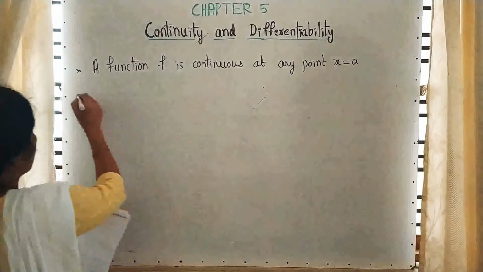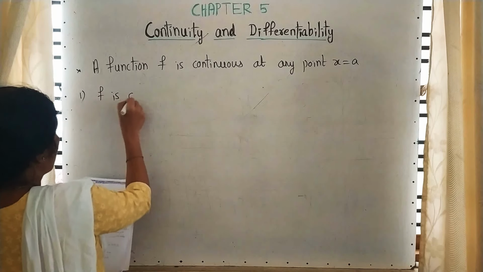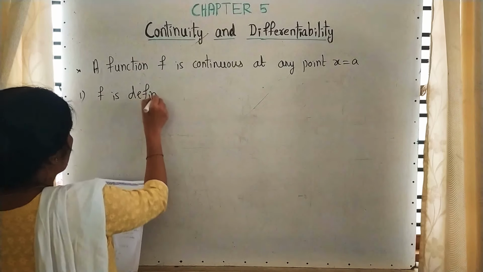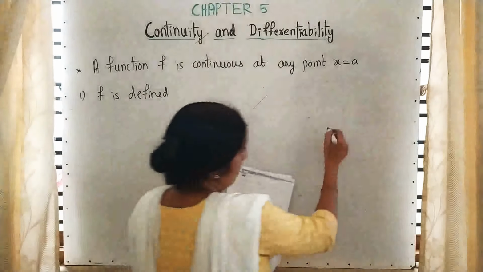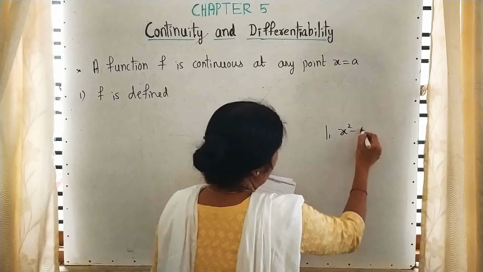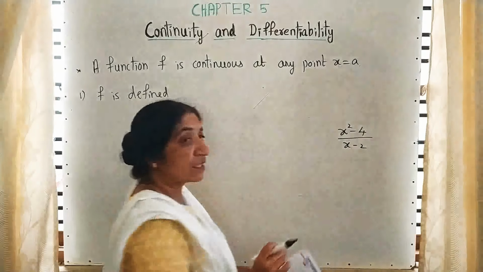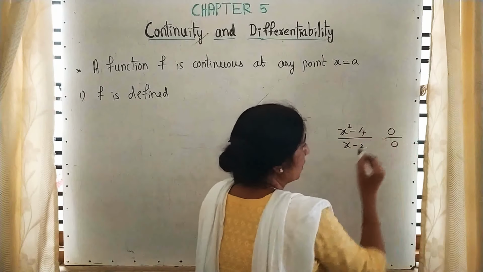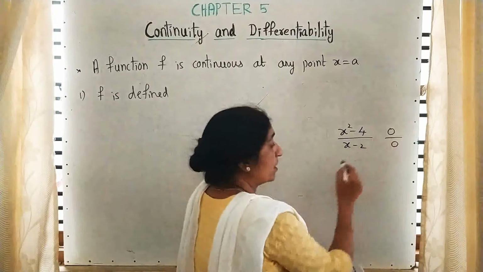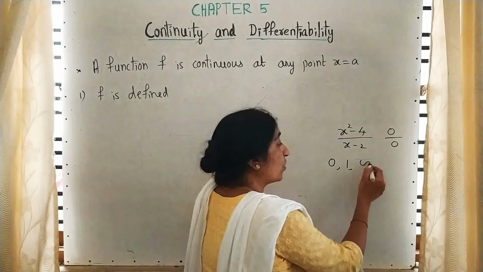See, for the function to be continuous, these points are important. First, f is defined, because sometimes you do not get a value. If it is x square minus 4 upon x minus 2, in place of x is equal to 2, if you write it, you are getting 0 by 0. See, 0 by 0 you cannot write as 0, or as 1, or as infinity.